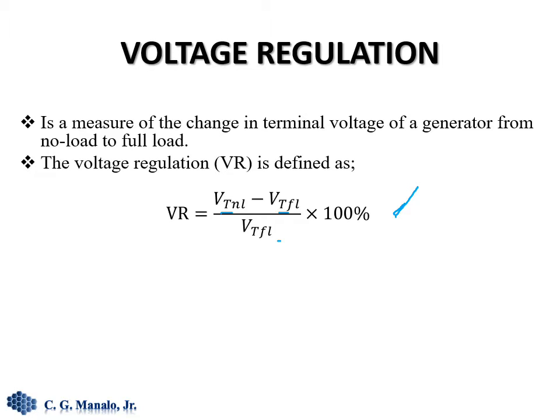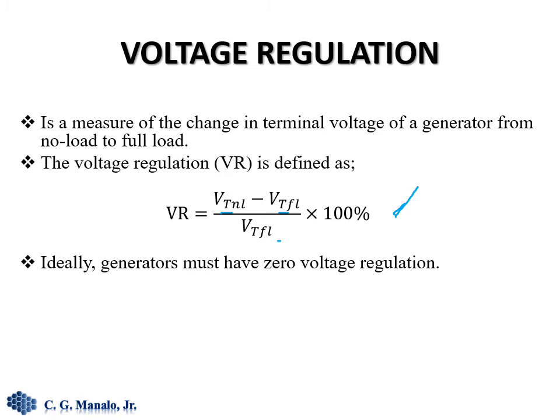And if it is negative, that means that the full load voltage is greater than the no load voltage. So ideally, generators must have zero voltage regulation. So the lower the voltage regulation of a generator, the better.